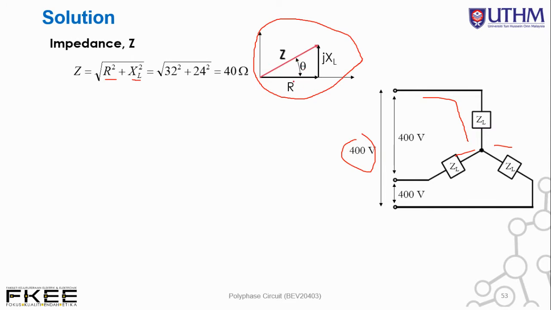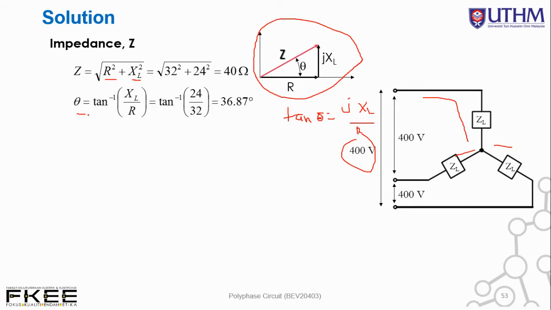So tangent of theta is equal to JXL over R. Okay, so according to this equation, you may get the value of theta, the angle, which is arctan of XL over R. So you substitute again the value of XL as well as R, so you will get 36.87 degrees.